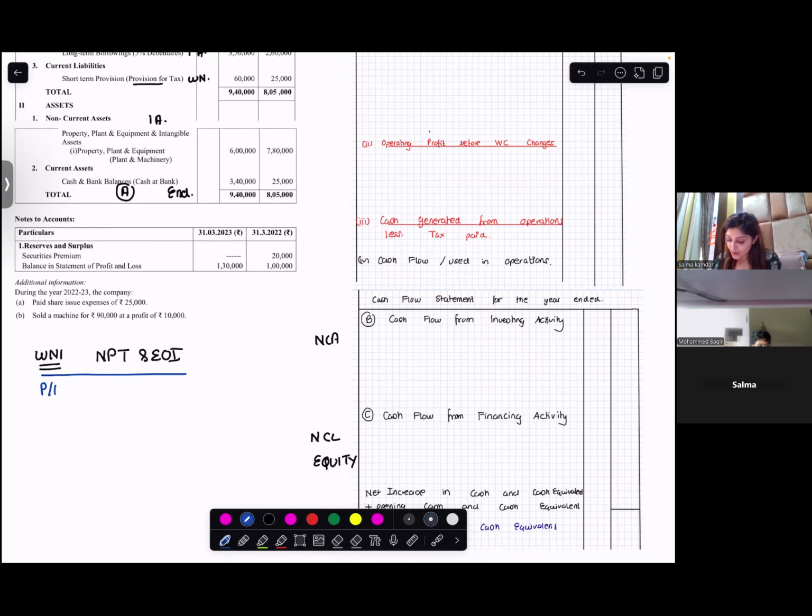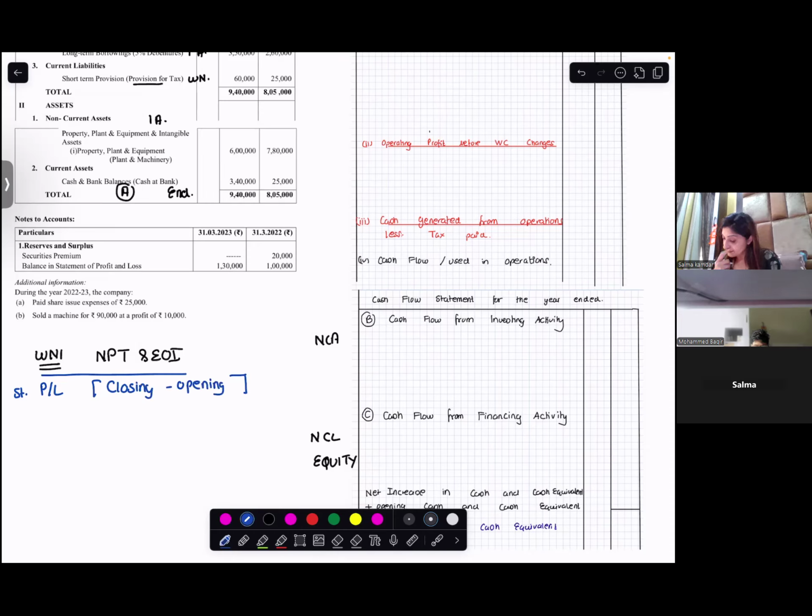So the statement of profit and loss, what do you do? Closing minus opening. Closing will be your current year and opening would be your last year. So closing minus opening, so 1,30,000 minus 100,000. This is going to give you 30,000.